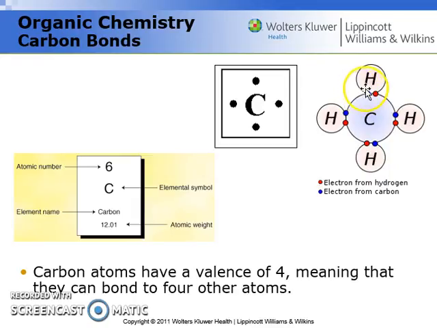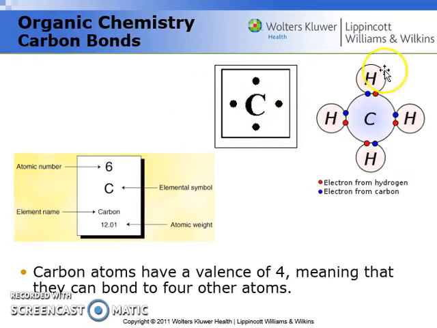So 1 hydrogen will bind to 1 valence electron on the outside of this carbon atom, okay? And so hydrogen can bind here, another hydrogen atom can bind here, another here, and another at this location.